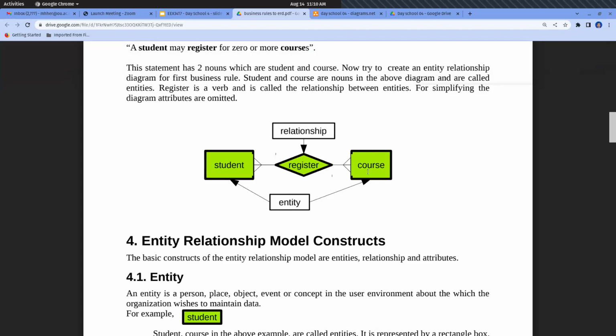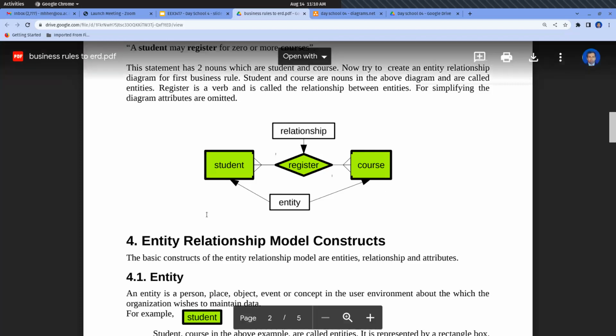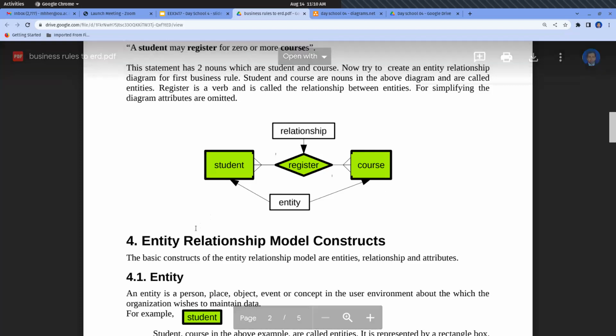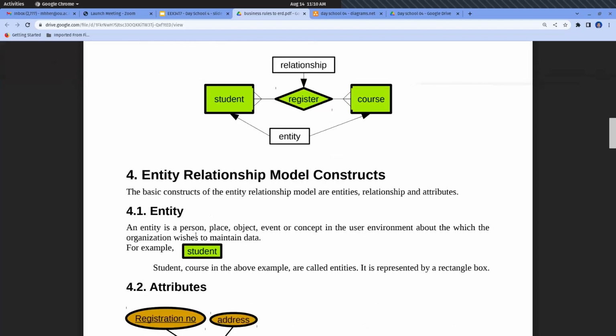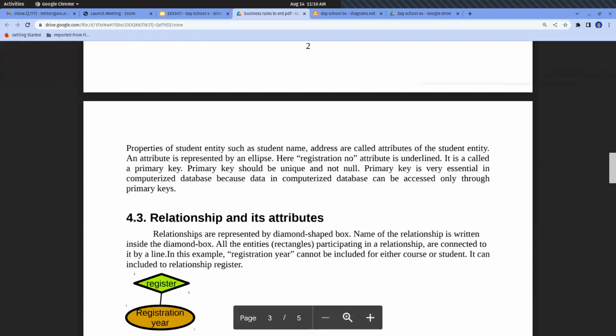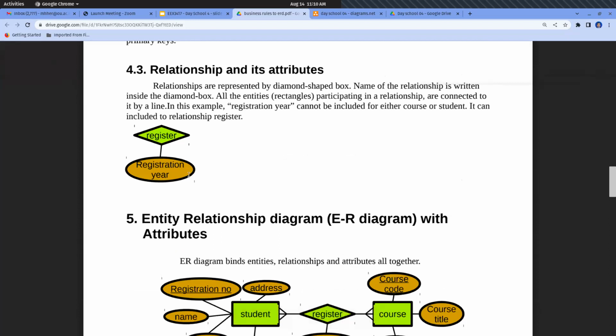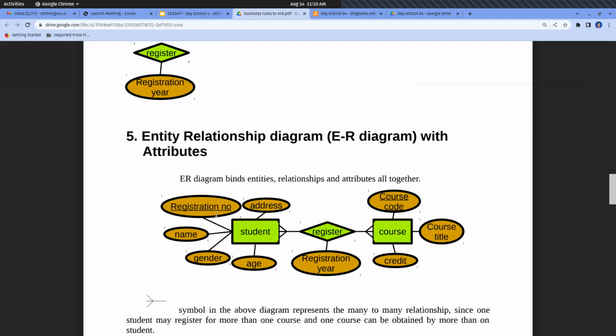Those are the register details, the attributes of the register relationship. Registration year.